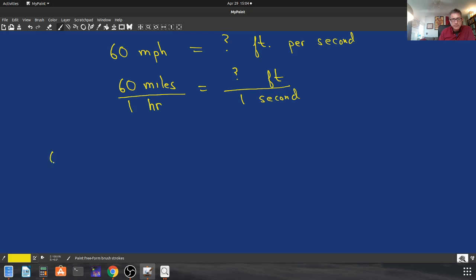Well, if you look up on the internet, I used to do this all the time when I worked part-time in civil engineering, we find 1 mile is equal to 5,280 feet. So if I multiply both sides by 60, I'll never leave myself enough room.